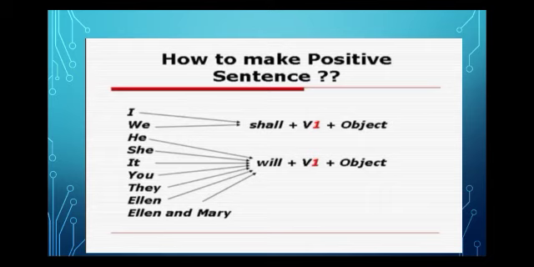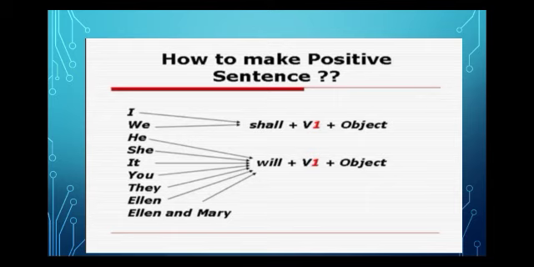Now look at this slide to understand where to use shall and where to use will. Okay. So children, if your subject is I or we, then shall is selected. I shall help you. We shall help you. So with I and we use shall. But if your subject is any second person pronoun or third person pronoun, then we use will.